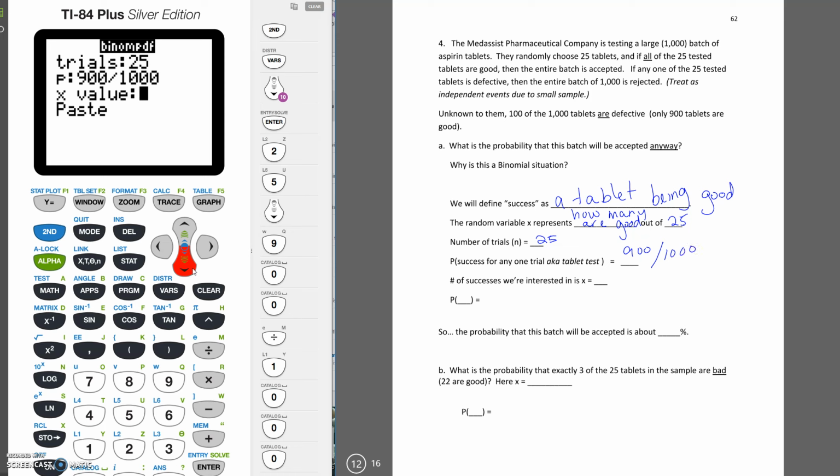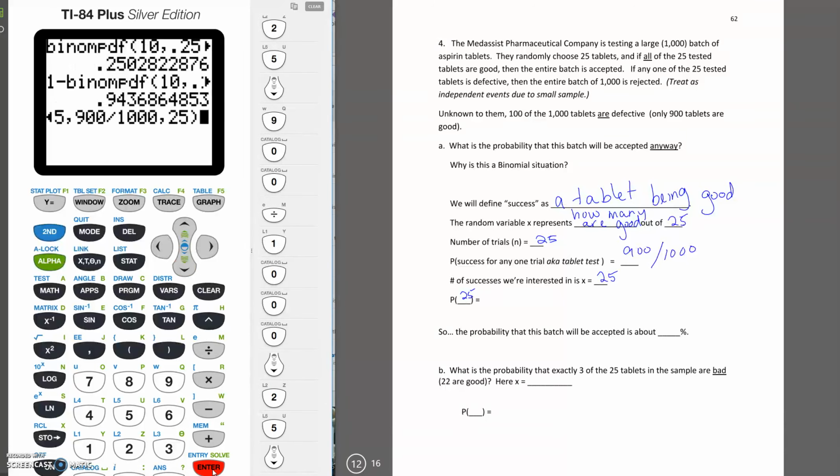Now, what we're interested in testing, we only care if all 25 are good. So we're going to put in 25. So here we get 0.0718. So there's about a 7% chance that it'll be accepted even though there's 100 bad pills in there.